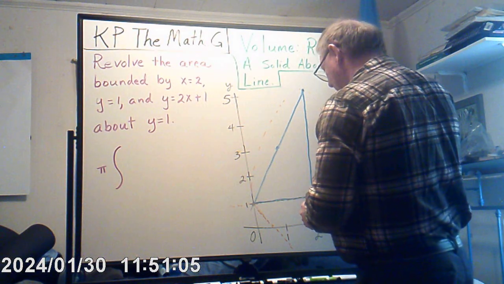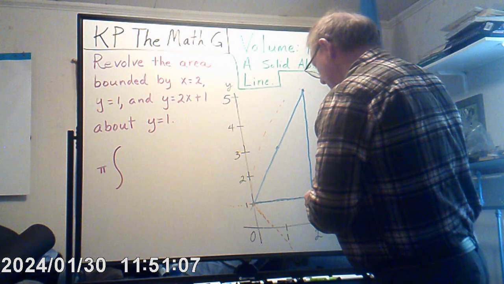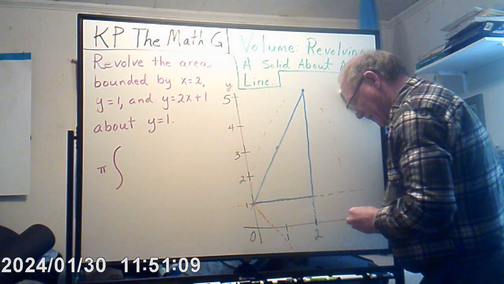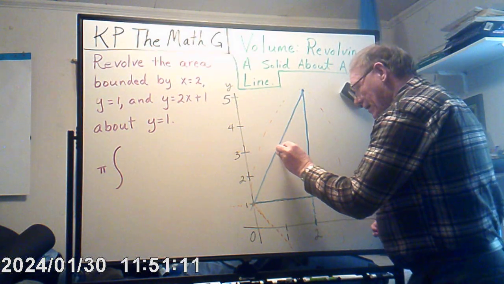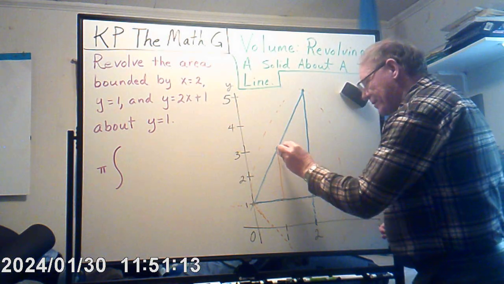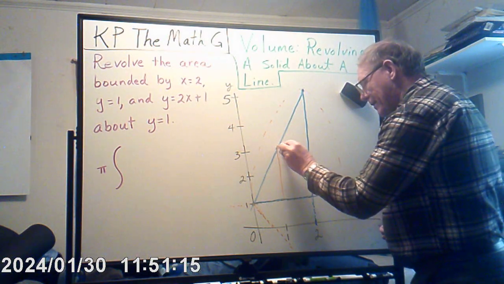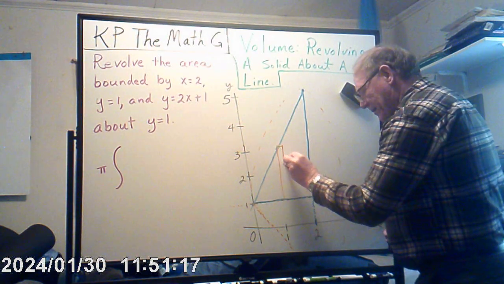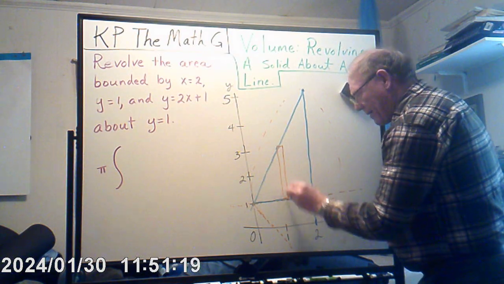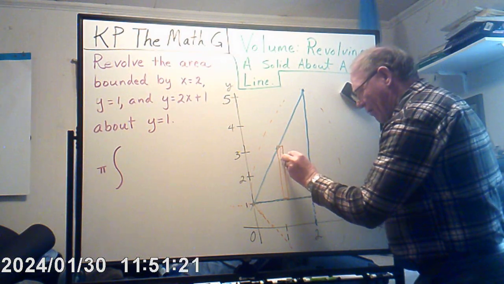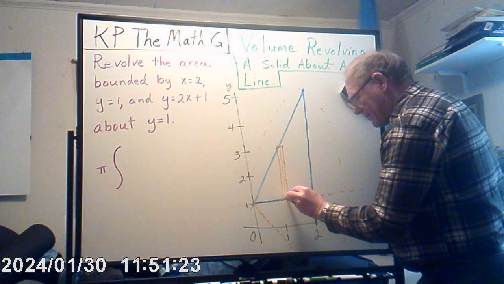So let's revolve this. I'm going to take a partition. I hope you can see that. If not, I'll get a different color. That's what I want to revolve.